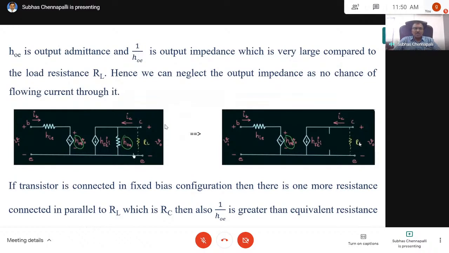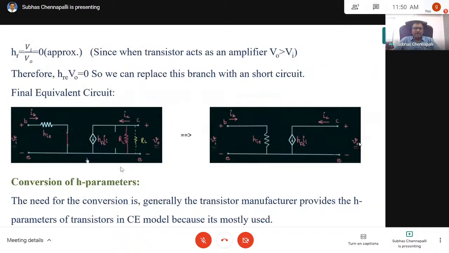So HO is very high, so it is open circuited. HR is shorted, the source is shorted. So you will get what is given here. It is shorted, it is open here. This is the load resistance, so your simpler model is this. Of course, this load resistance is from the external source.